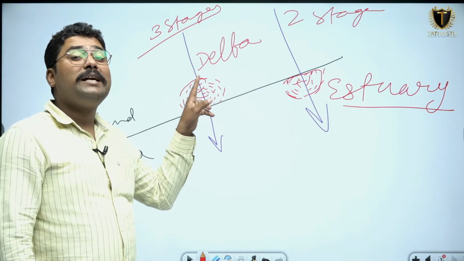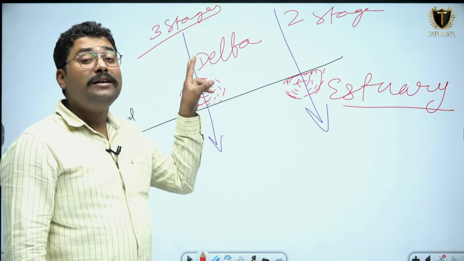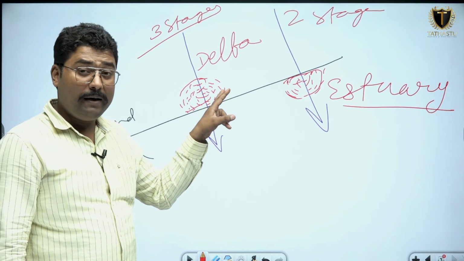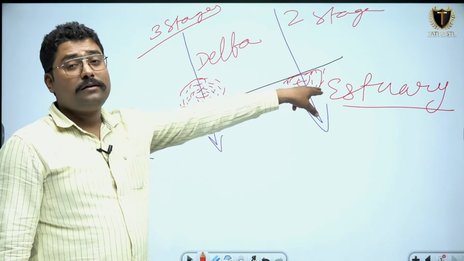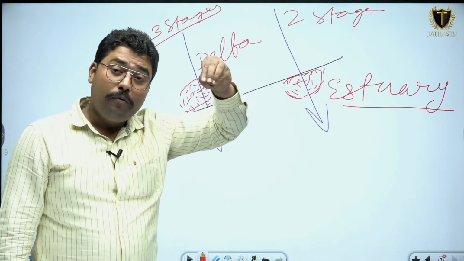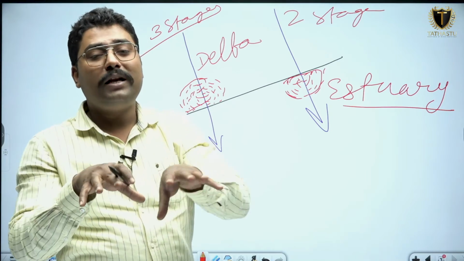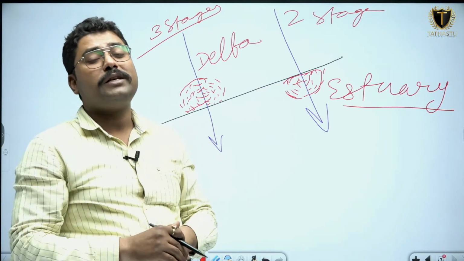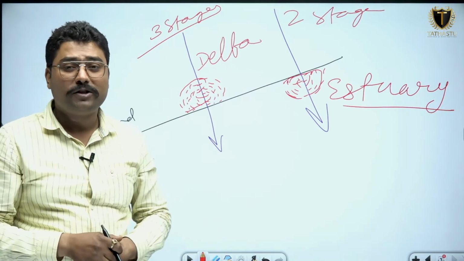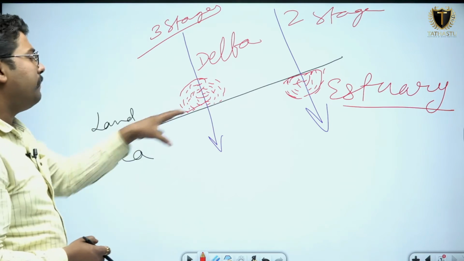Deltas are present in the intertidal zone, simply we can say, but they are present mostly, or you can say only, in the sea part, means the river is directly entering into sea and then depositing the sediments. This is the basic difference.